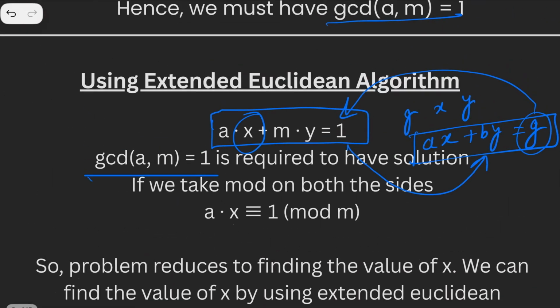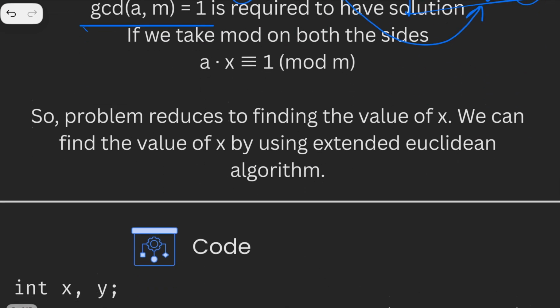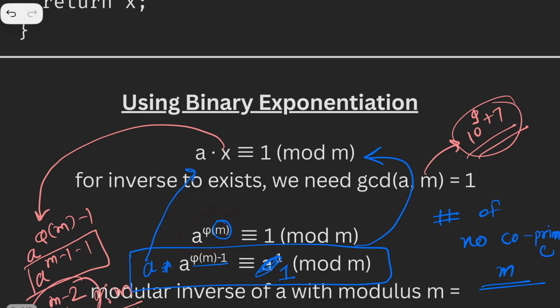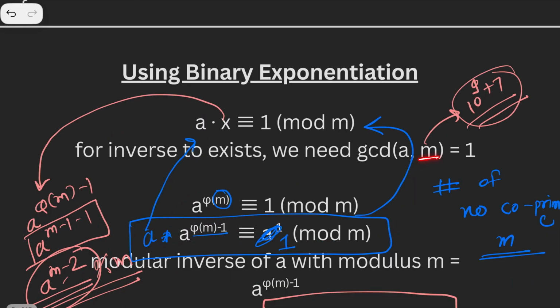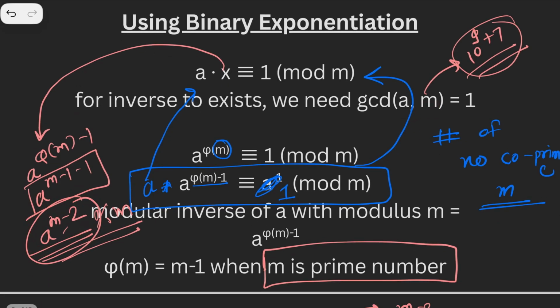So you have two different options. You directly use the extended Euclidean algorithm, or you can use this phi, the Euler totient function. What you usually see is, if m is a prime number, then you can directly go and use the Euler totient function, that is a to the power m minus 2. That's the general case.